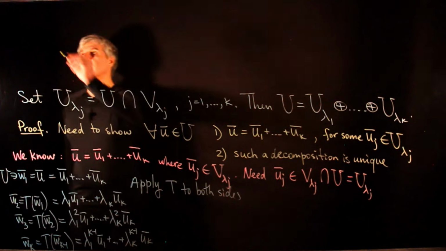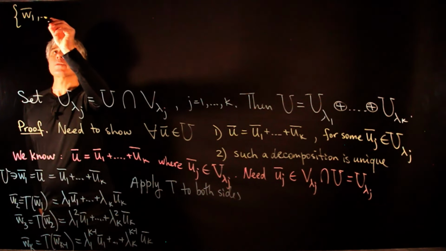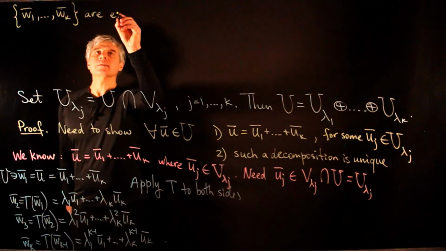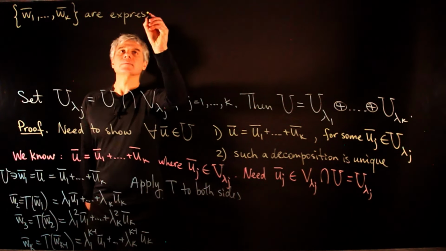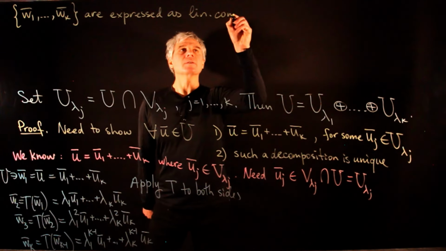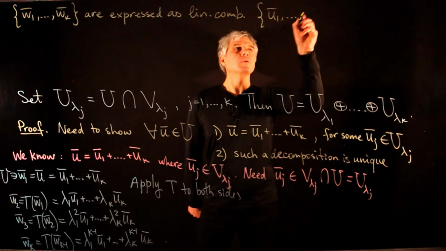What we have here is that the vectors w1 through wk are expressed as linear combinations of vectors u1 through uk.